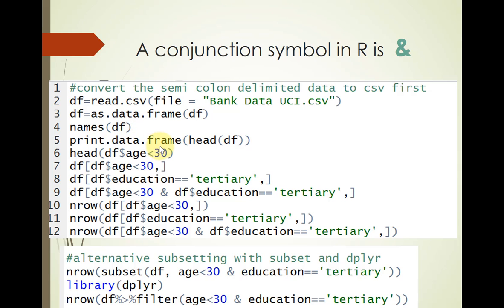You could just use print by itself, but if you do this, it looks cleaner and works better. And we're not going to look at the whole data frame, we're just going to look at the head, because otherwise it would be too big. And then we also want to look at the age variable. There's an age variable in this data set also. This is not the data set we were working on before, but there's also an age variable in this data set.